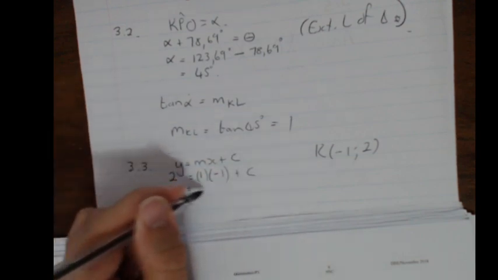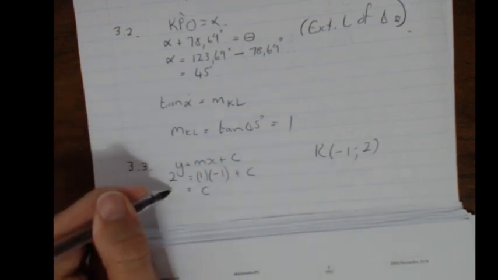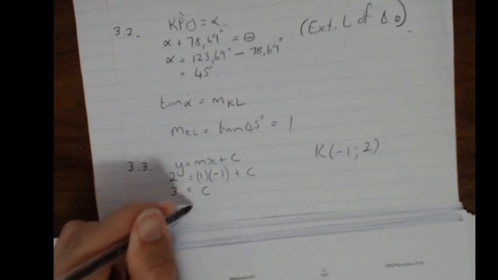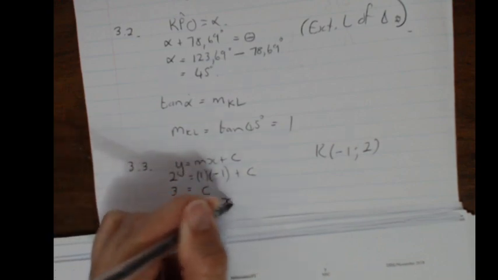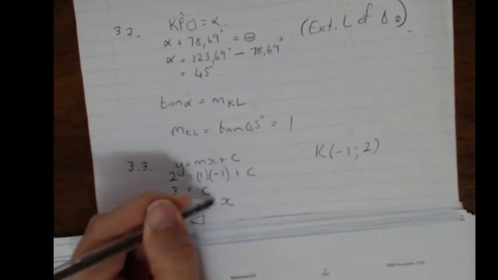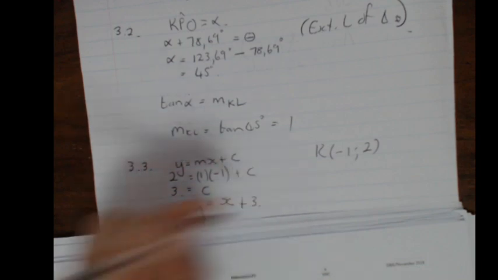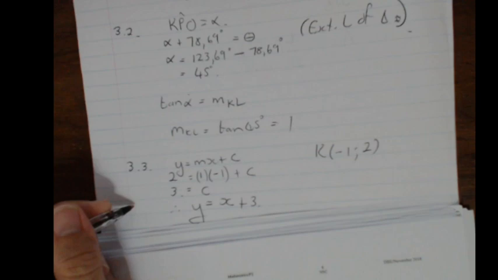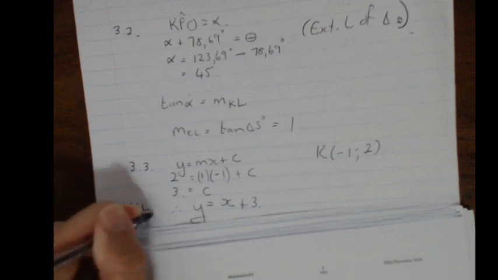From this, I can get my c value as 3. So the line equation of KL is y equals x plus 3.